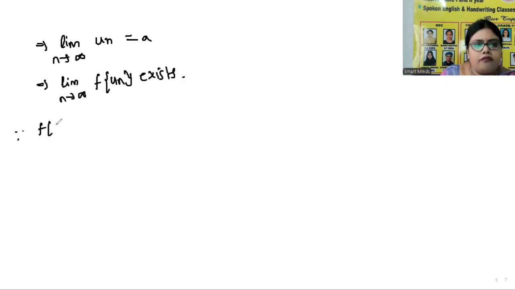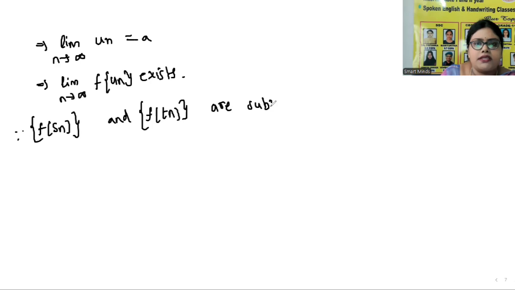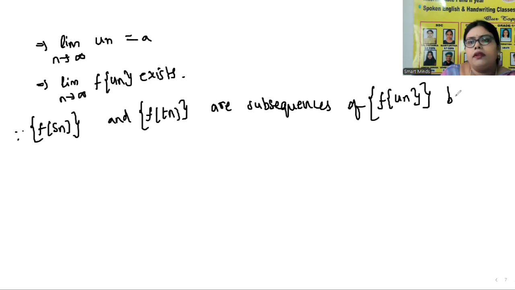Now, since f of Sn and f of Tn are subsequences of f of un, then both must converge to the same limit.